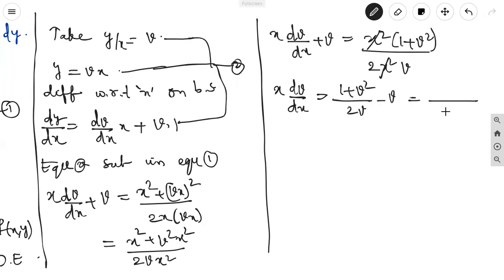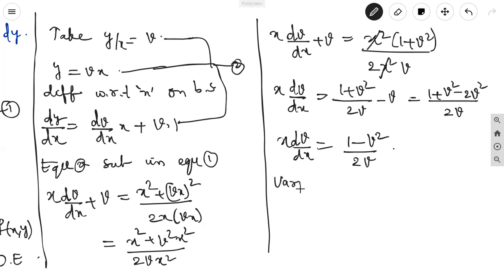Taking the LCM, 2v is the LCM: 1 plus v square minus v into 2v, that is 2v square. Then x dv by dx equals 1 plus v square minus 2v square, which is minus v square, by 2v. Here the right side terms are in the variable v.